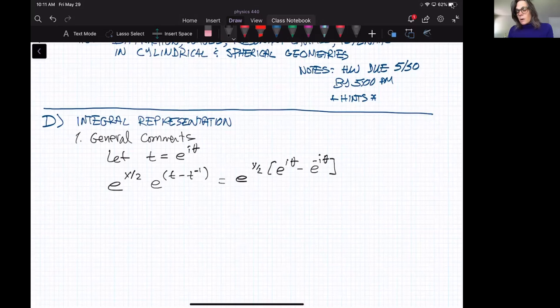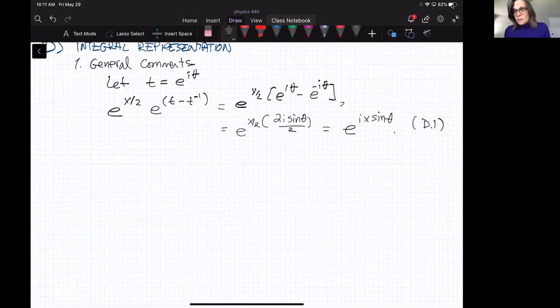But because these can represent cosines and sines, we can write this as e to the x over 2 times 2i sine theta over 2, or e to the ix sine theta. Which is interesting in its own right, if not horrifying.